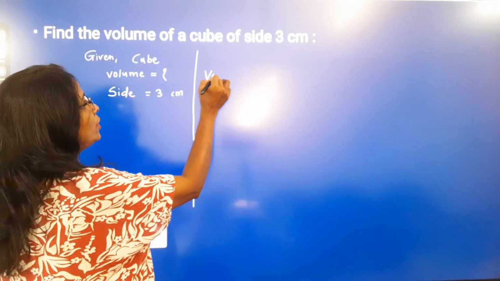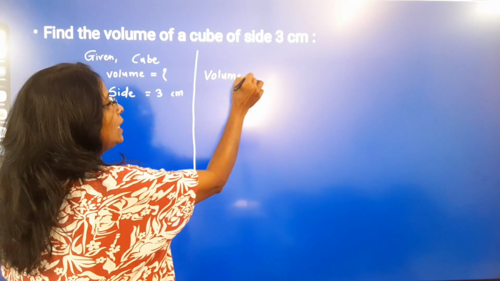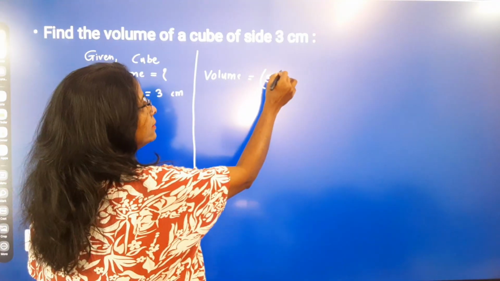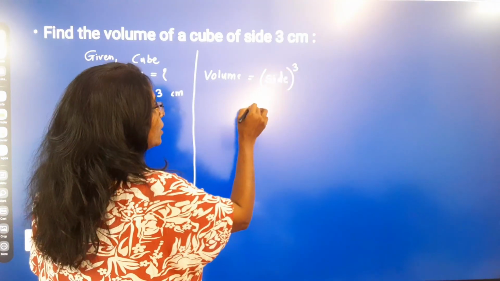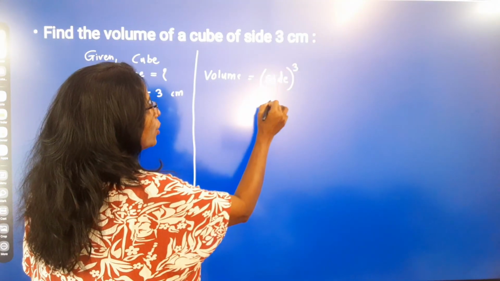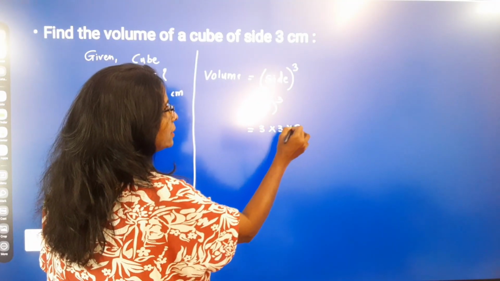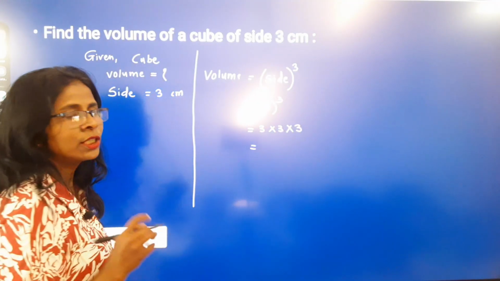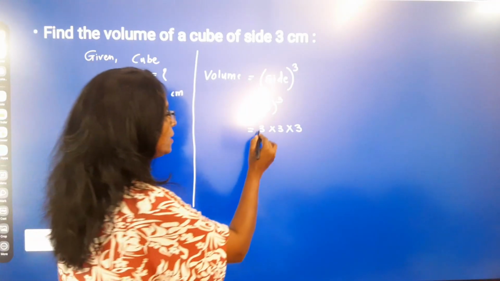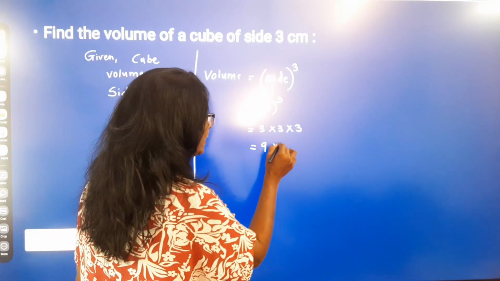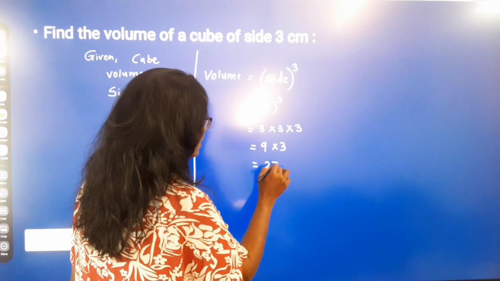So now here, volume of a cube is equal to cube of side. Okay, so that means here, students, cube of 3 means 3 multiply 3 multiply 3. Okay students, do not make the mistake here. That is, 3 3s are 9 and 9 3s are, here students, 27.